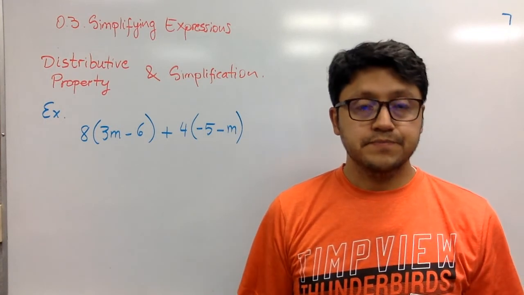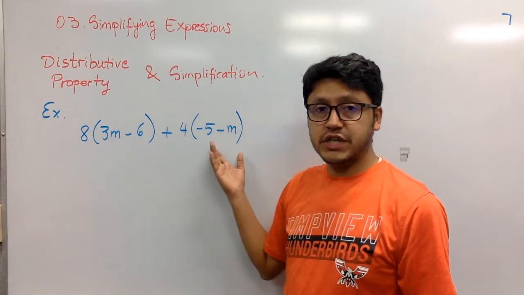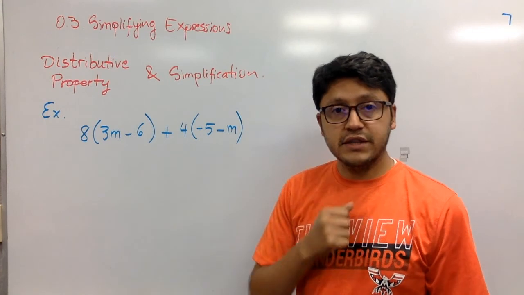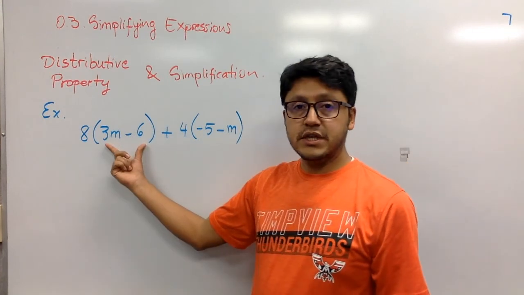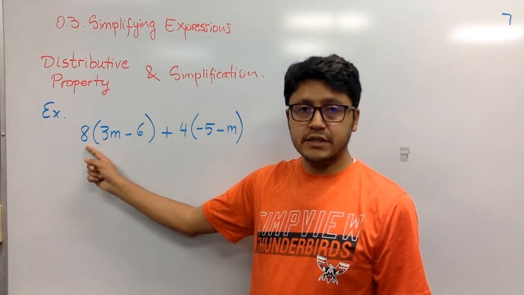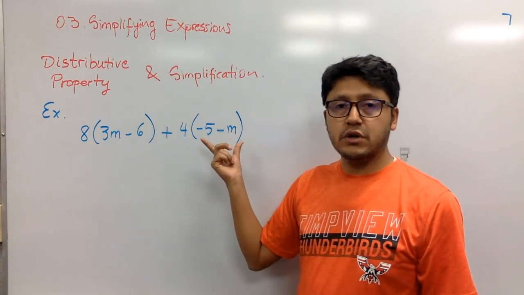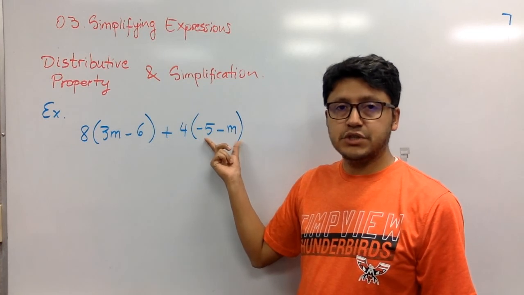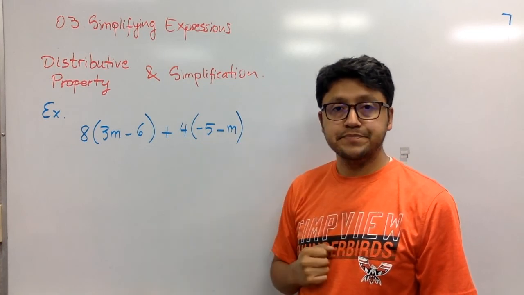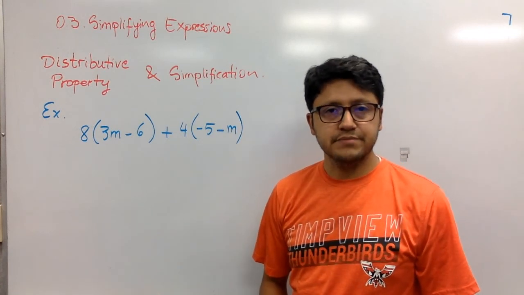With that said, the only thing I can do now with the expression that you see here is this: the expression inside the parenthesis multiplied by 8 will be added to the product of this expression inside multiplied by 4. And then we will see what happens in the multiplication process.